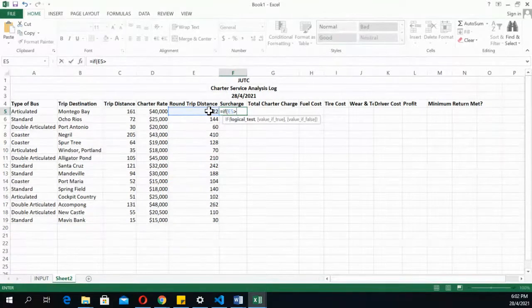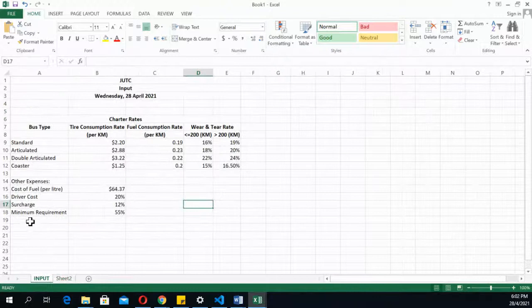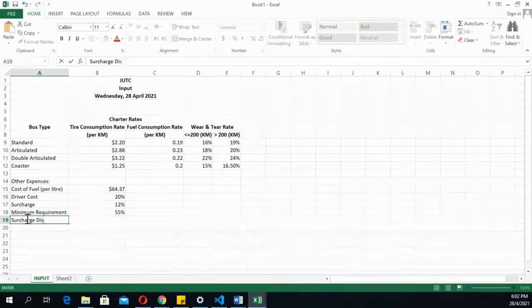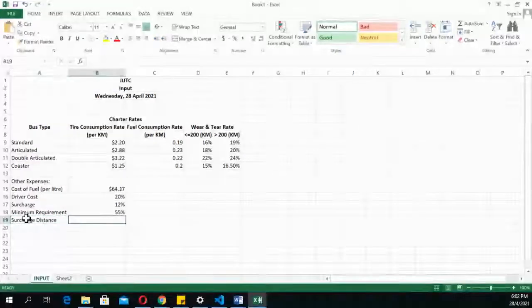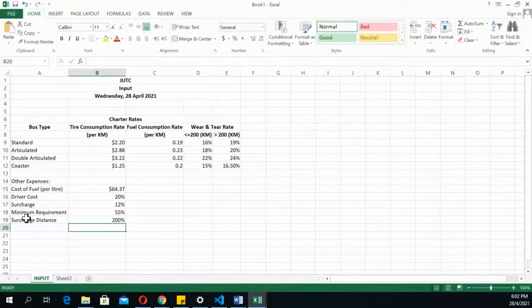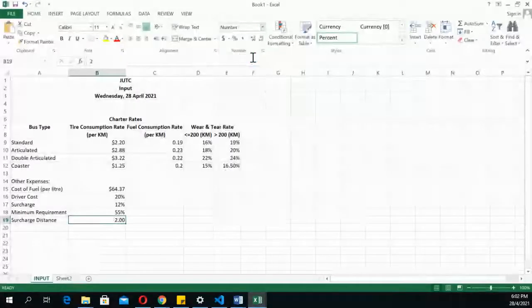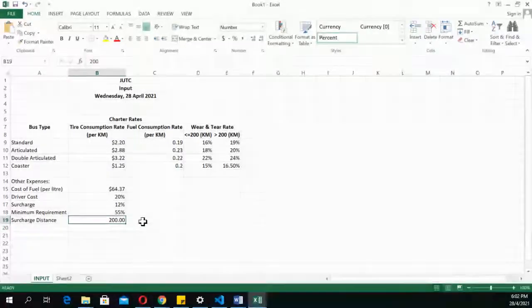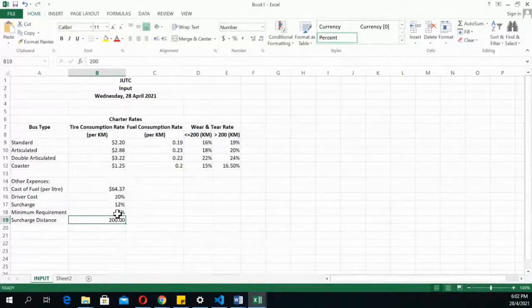I don't want to put the 200 here, so I'm going to ensure that I have that in my input, just in case it should change. I'm going to call this surcharge distance and put the 200 kilometers here. Notice I don't put 200 km. You want to put the actual values here.